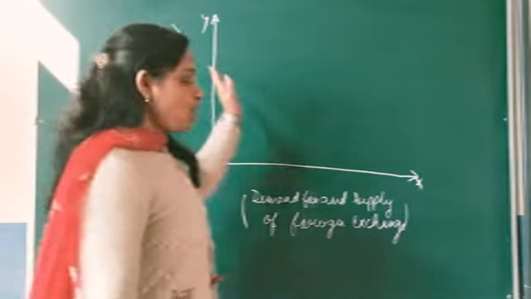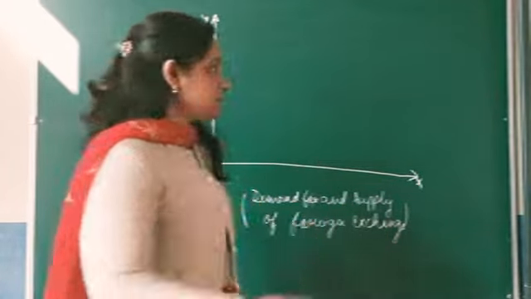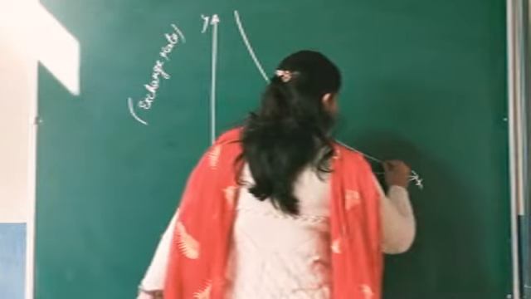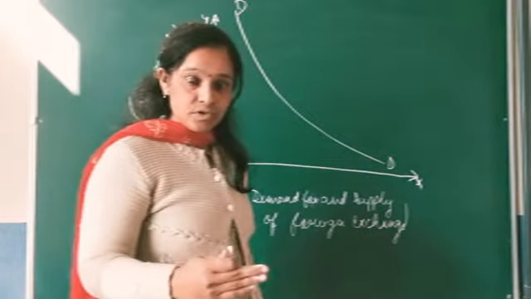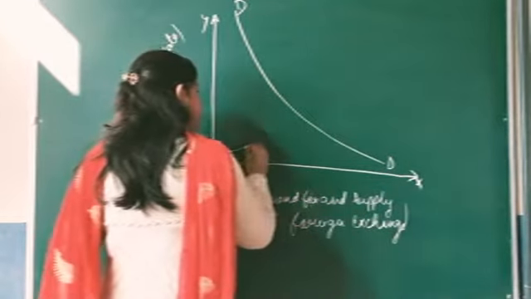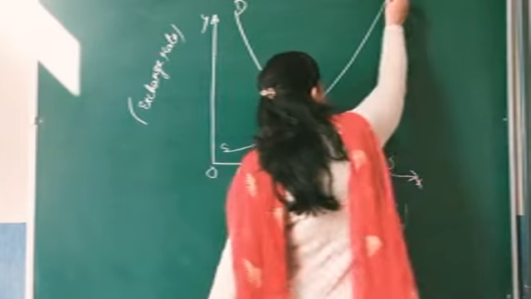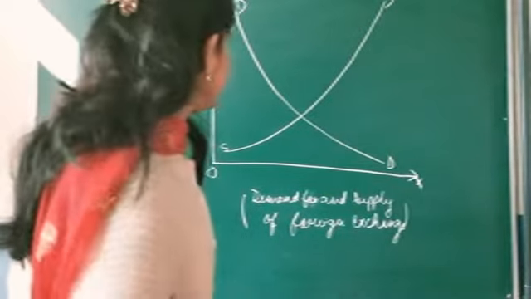Now we will draw demand curve DD and supply curve SS. This is your DD, the demand curve, sloping downwards, and then the supply curve SS. Is it clear? Supply curve SS.